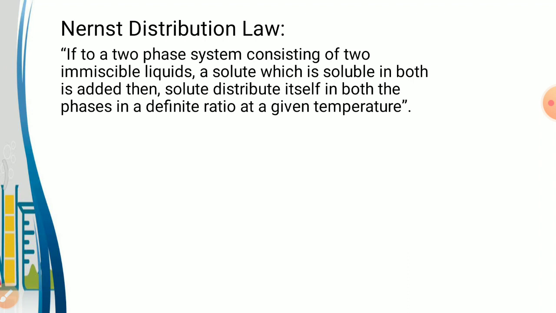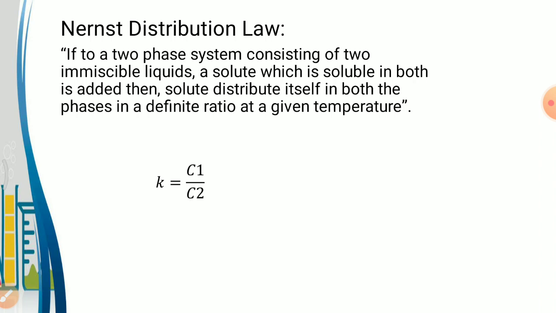The quantitative aspects of solvent extraction depend upon the distribution law, given by scientist Nernst in 1891. It is also called the Nernst distribution law. According to this law, if to a two-phase system consisting of two immiscible liquids, a solute which is soluble in both is added, then the solute distributes itself in both the phases in a definite ratio at a given temperature.